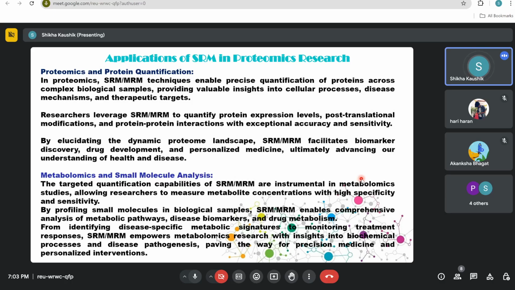So these techniques are actually helping you take translational research further, the translational aspect of a particular research. So you can take these proteins for biomarker discovery, drug development, and personalized medicine.